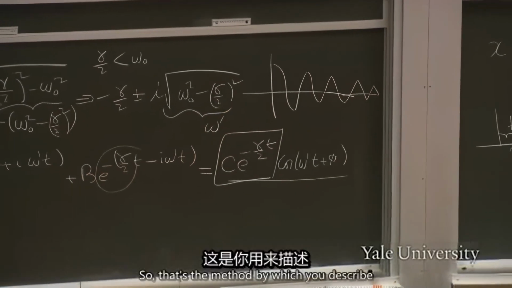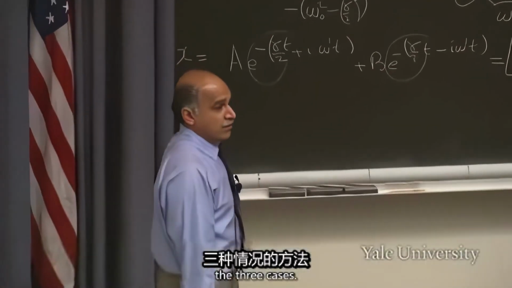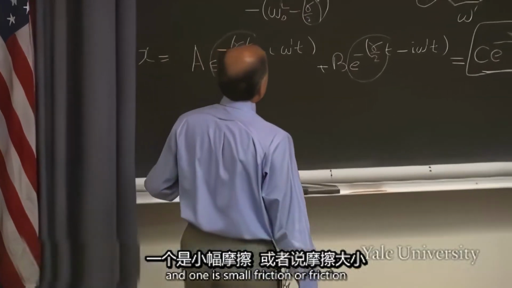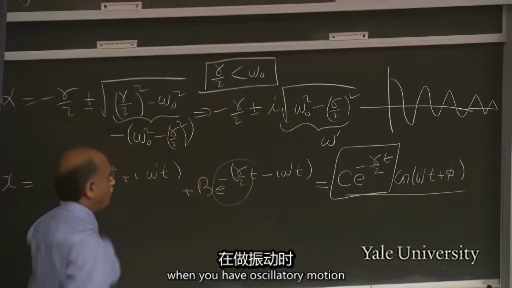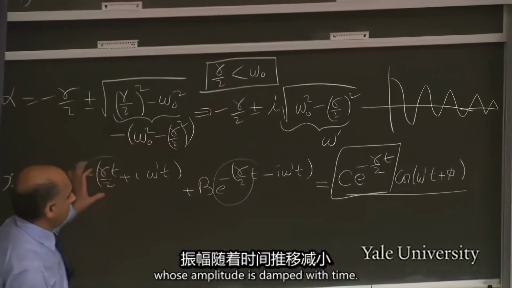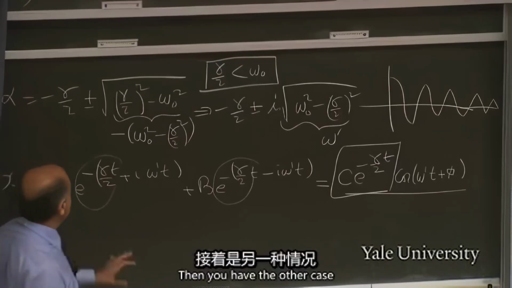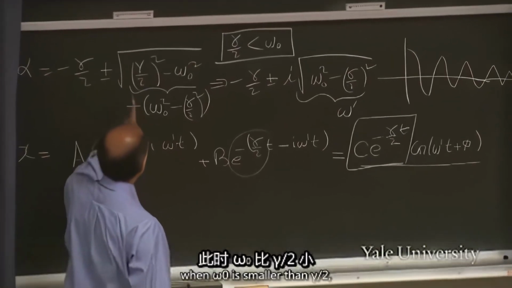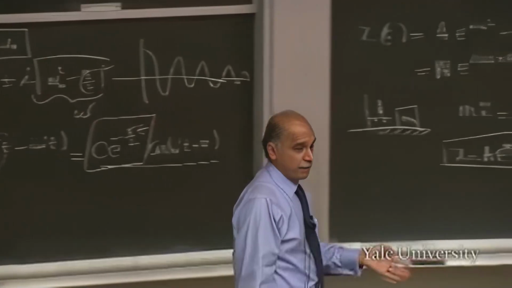So that's the method by which you describe the 3 cases. One is no friction, and one is small friction, or friction obeying this condition, when you have oscillatory motion whose amplitude is damped with time. Then you have the other case where gamma has crossed some threshold, when omega naught is smaller than gamma over 2, then you get 2 falling exponentials.